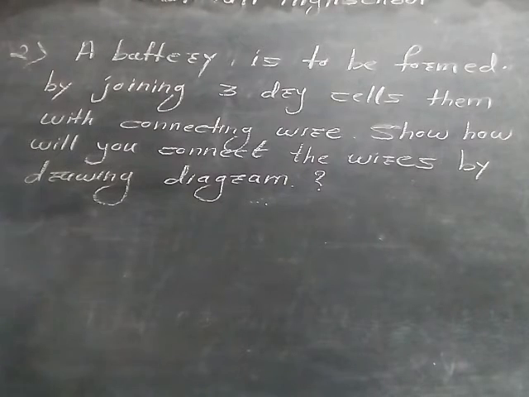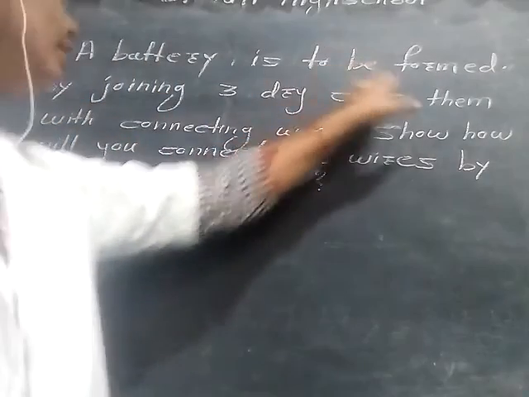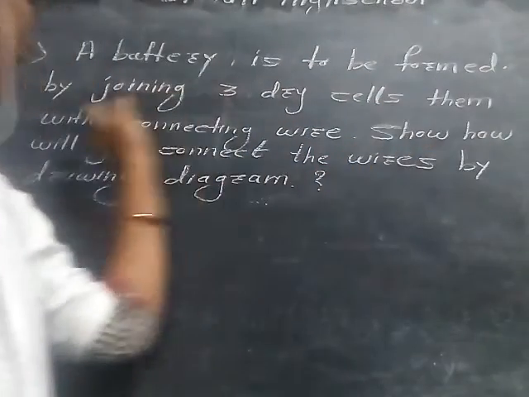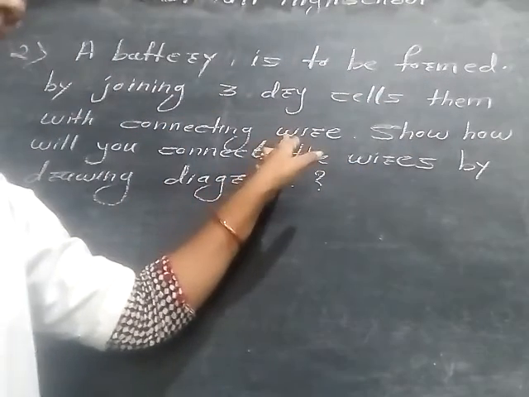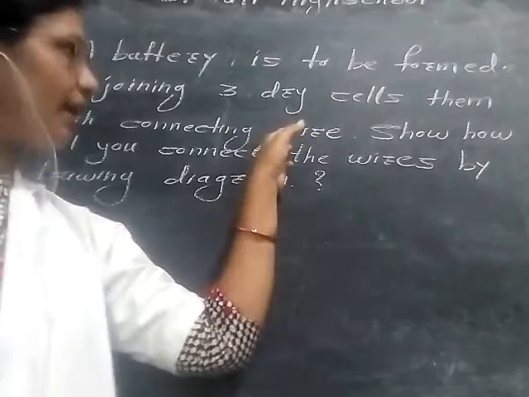Now, let's consider the second question. A battery is to be formed by joining 3 dry cells with connecting wire.